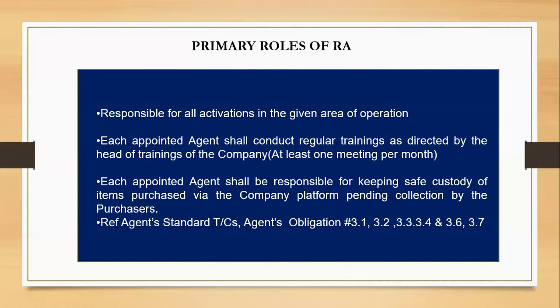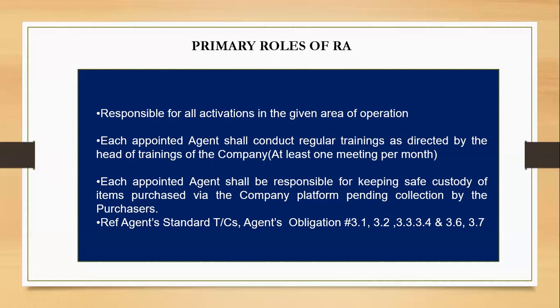Each appointed agent shall also be responsible for keeping safe custody of items purchased via the company platform, that is our marketplace, and making sure that the products are delivered to the rightful people or purchasers. And then, of course, there are a few other things that you need to be responsible for as a regional agent.